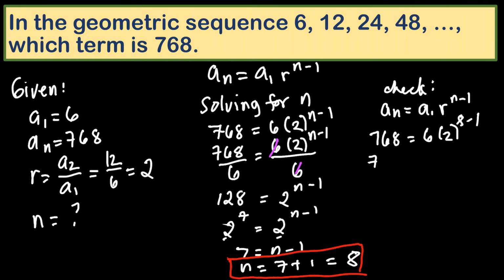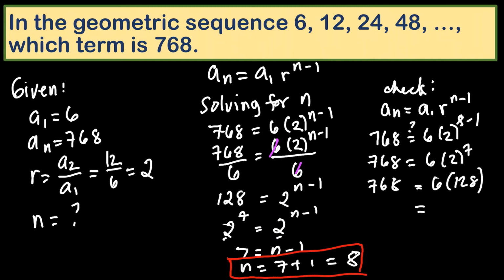So 768 equals 6 times 2 raised to 7. And 2 raised to 7 is 128. So 6 times 128 equals 768. If you have a calculator there, you multiply 6 by 128.